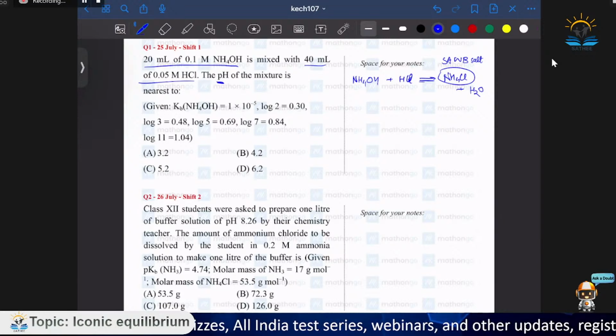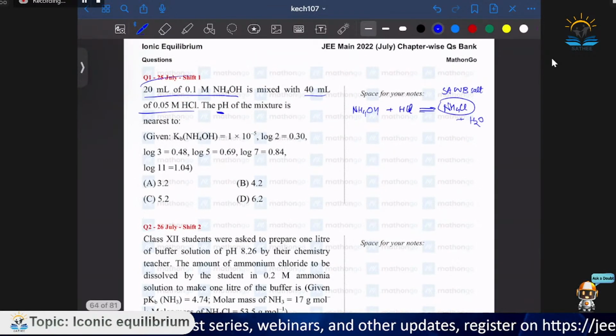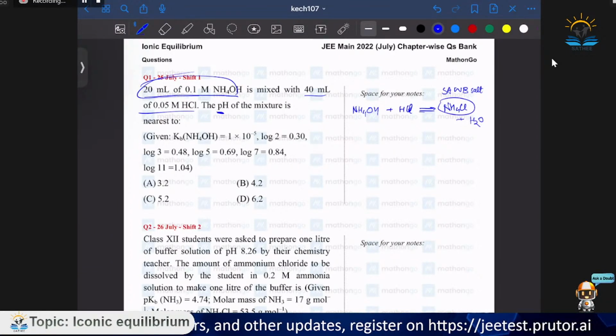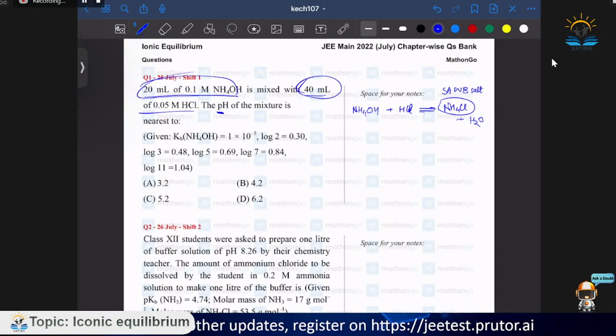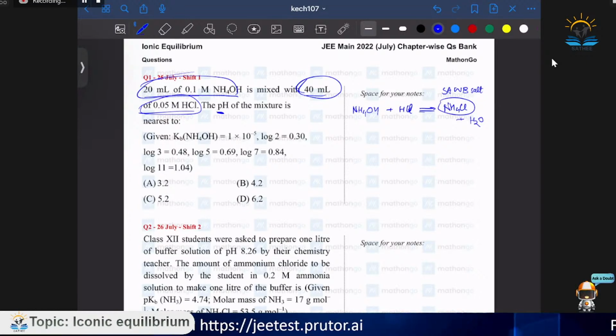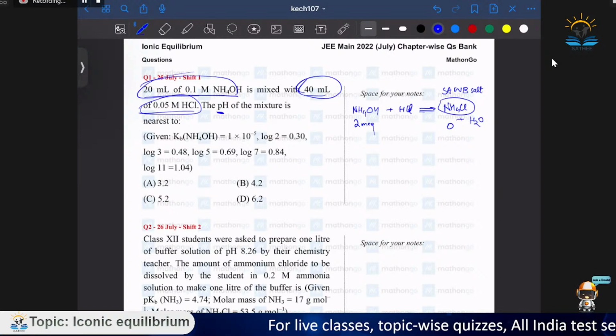Which one of them is in excess? Let us find out. Definitely we can see that the concentration of NH4OH is more, right? And all HCl will be consumed in the reaction because it is a strong acid. Let us find out the equivalents initially. For NH4OH it is 2 milliequivalents. For HCl it is the same.